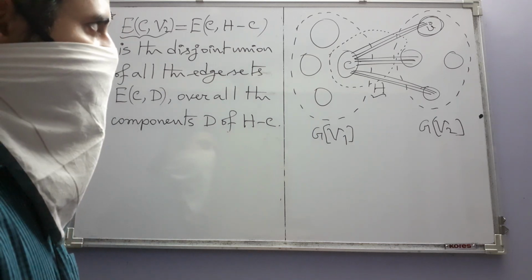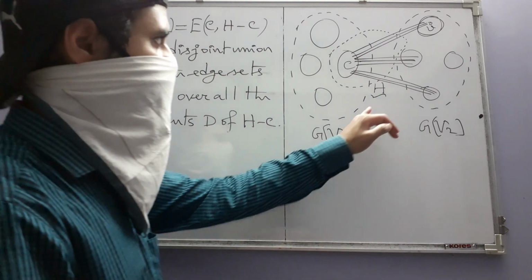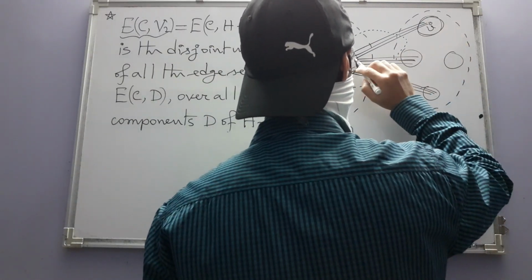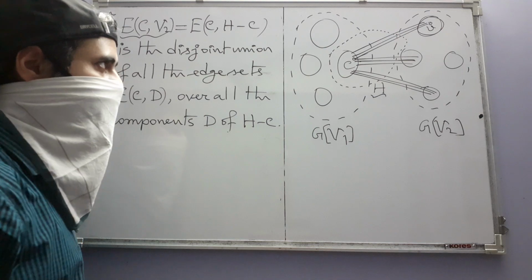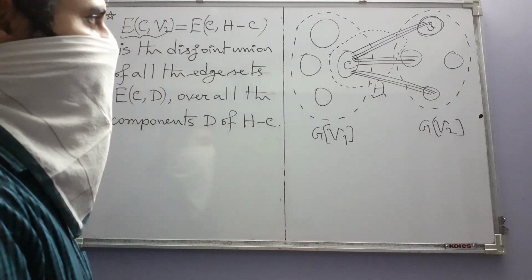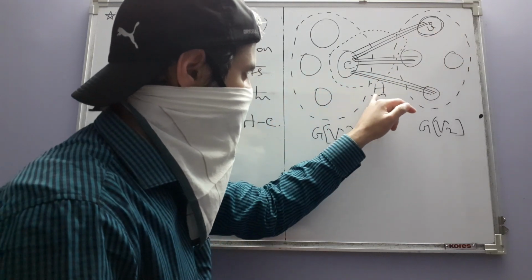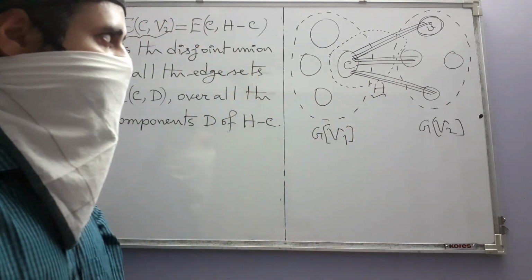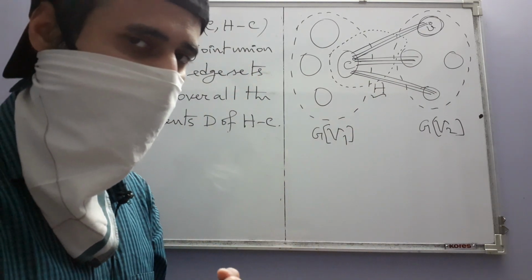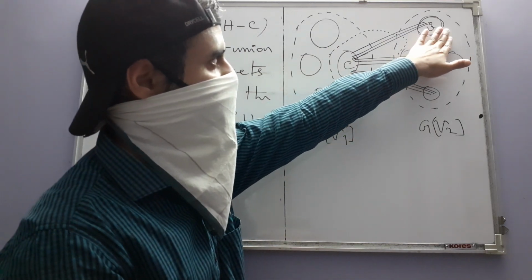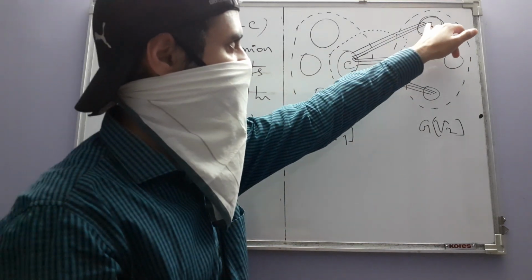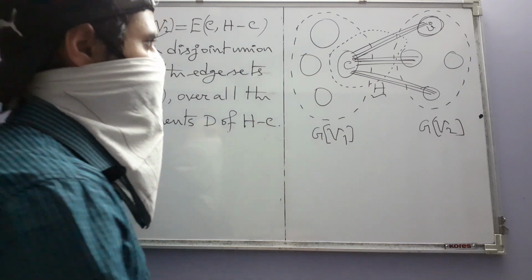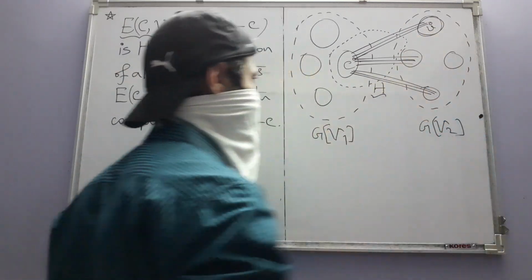Okay, then is that possible? Shall we have a connection between some vertex of C and this vertex? Actually no, because otherwise that thing would have been present here itself. Why? That's because H is a component in G. So by definition it's a connected subgraph of G. You cannot have something else coming from outside which has no connection with H suddenly having a connection with one part of H. Otherwise this would have been a part of H itself.